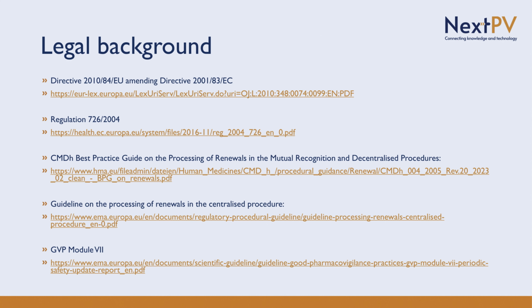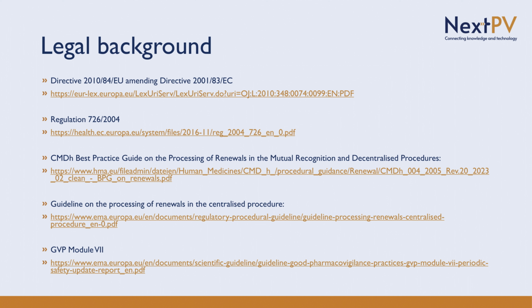Legal background. The legal framework for pharmacovigilance and the processing of renewals in the EU is grounded in several key documents. Directive 2010/84 EU amends Directive 2001/83 EC, establishing the legal basis for pharmacovigilance practices. Regulation 726/2004 outlines the procedures for marketing authorizations and their renewals.